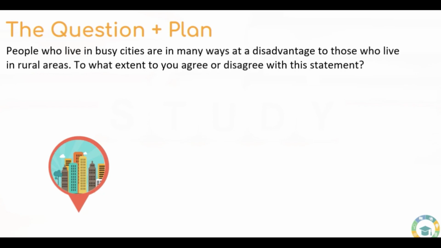If you think back to our structure master sheet that told you the paragraphs for each question type, in an agree or disagree essay, of course, you've got your introduction paragraph and your 2 supporting paragraphs with a conclusion. The first supporting paragraph will be to agree or disagree.